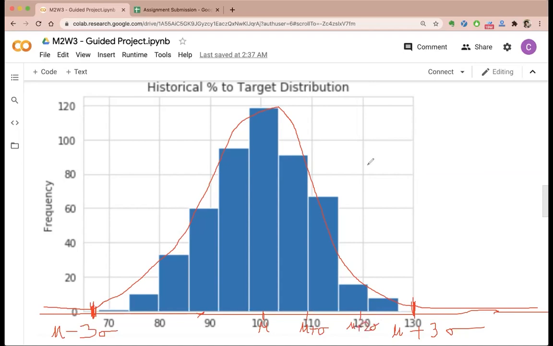So what is the value of sigma now? Can you calculate from here? Everyone, what is the value of sigma now?